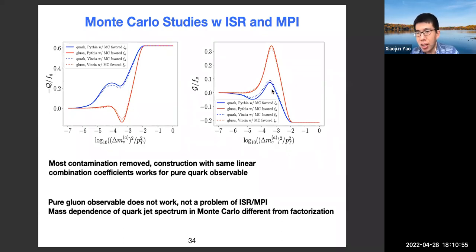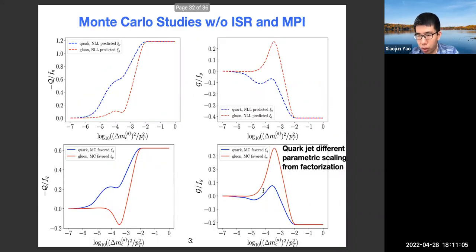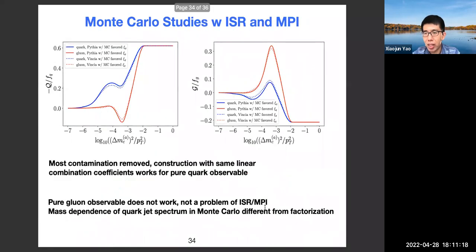This is good. And still, we cannot make the gluon observables work. The problem is not caused by the soft contamination. The problem is already here before we turn on the soft contamination. This is a problem in PYTHIA, which should be further studied. Maybe PYTHIA should be tuned to describe the soft physics better. And the ISR and MPI are not the problem here.